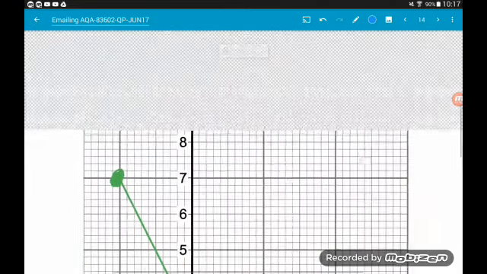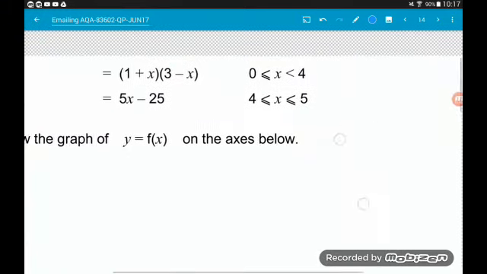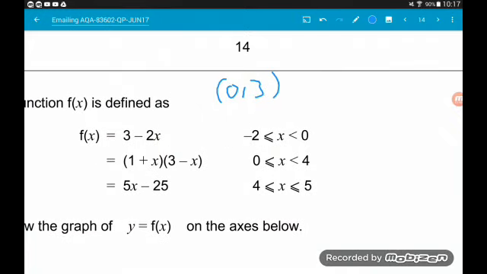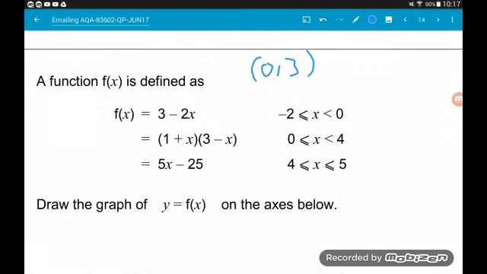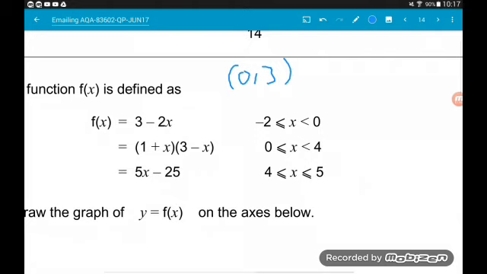And then really I guess we should substitute in all of the values between 1 and 4. Just the integer values there. So when x is 1, we're going to get 1 plus 1, which is 2 times 3 minus 1. 3 minus 1 is 2. 2 times 2 is 4.